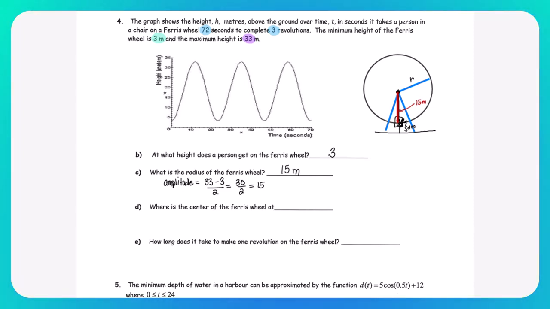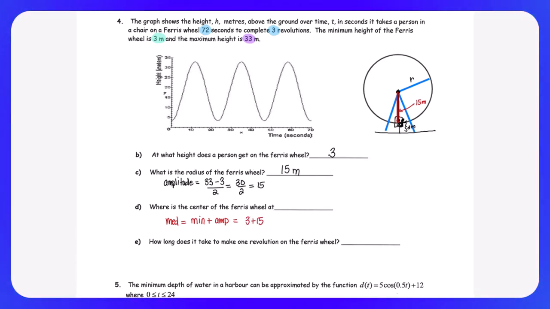To find the median value or the midline, however you want to think of that, we're taking the minimum value and adding the amplitude value. So in other words, it's going to be 3 plus 15, which is 18, which means the median value, or the center of the Ferris wheel, is 18 meters above the ground.